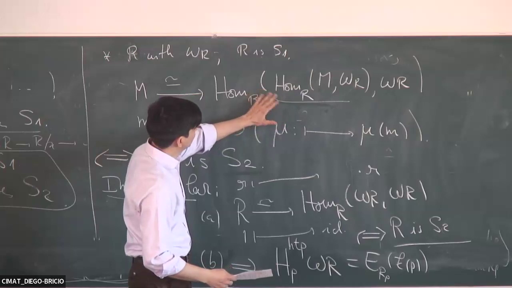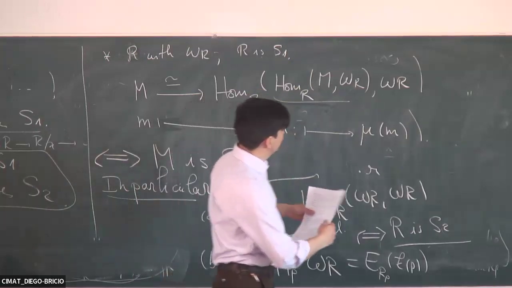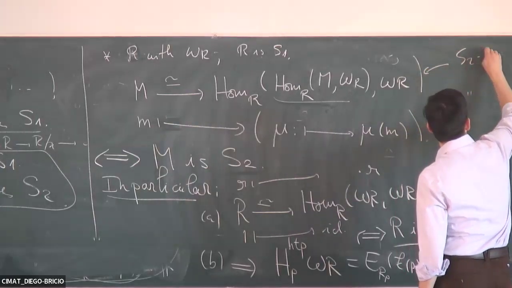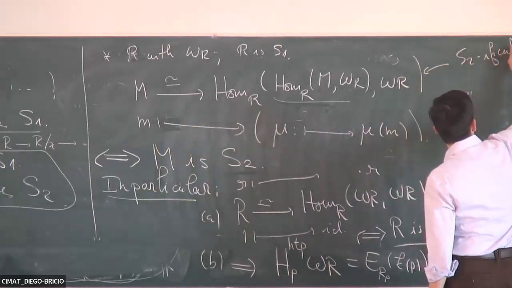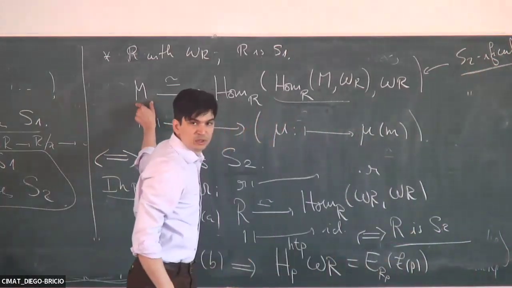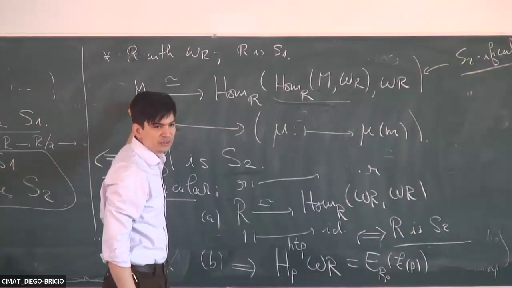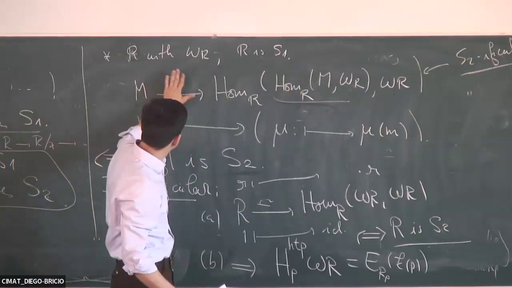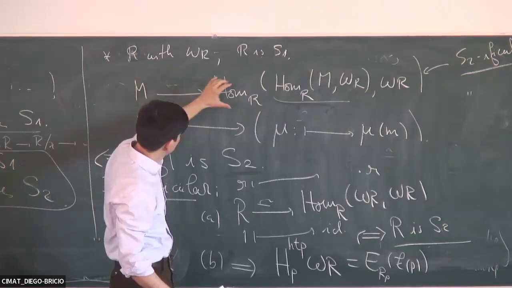Out of this, actually, this operation here, you will see in the literature, is called the S2-ification. So the point is that you have a module and you want that module to be S2. And so you put it inside a bigger module. Actually, this is easily injective, you will see.